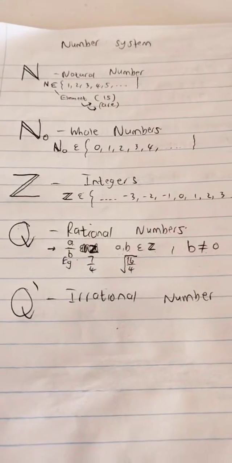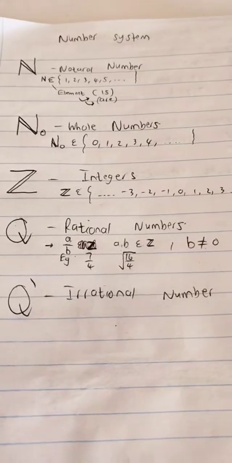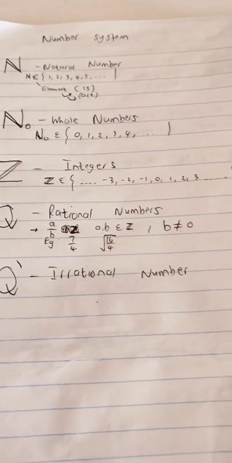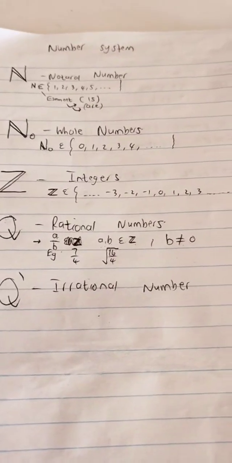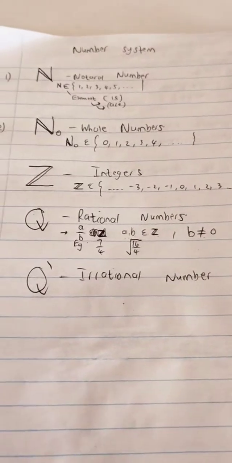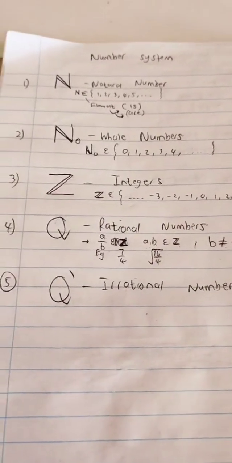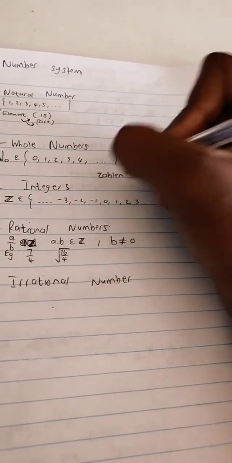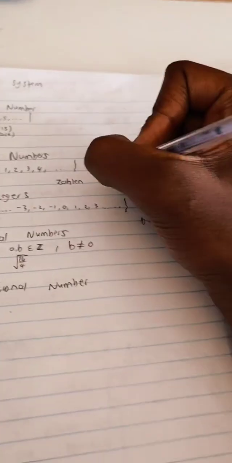Oh, look at this, Survivor. Z for integers comes from the German word Zahlen, which means numbers. Wow. Yes, thank you so much. You see this? Now Survivor, that's what I call interest in the subject. When you can take it up that far, that is very insightful. Zahlen, which means numbers.